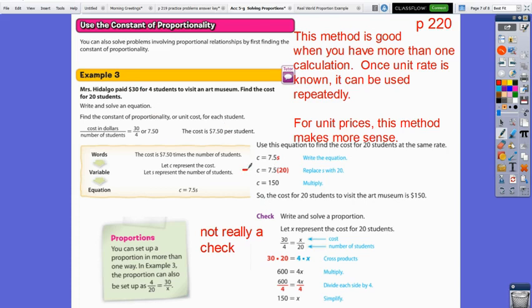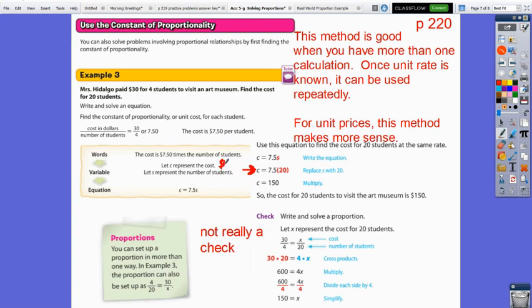This step right here. But they are talking about using the equation like we did in the previous topic, where we calculated the constant of proportionality and wrote an equation. So it's kind of the same thing. If you are going to write the equation, you have to define your variables. They messed up here and didn't write dollars again for cost.